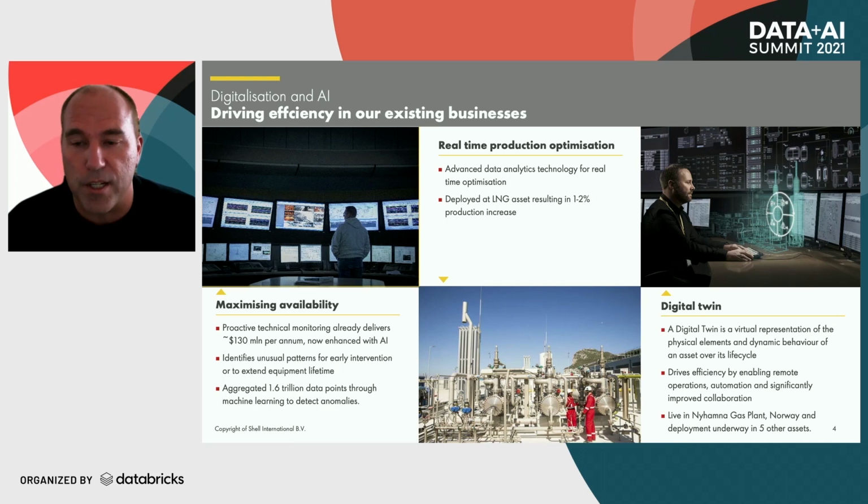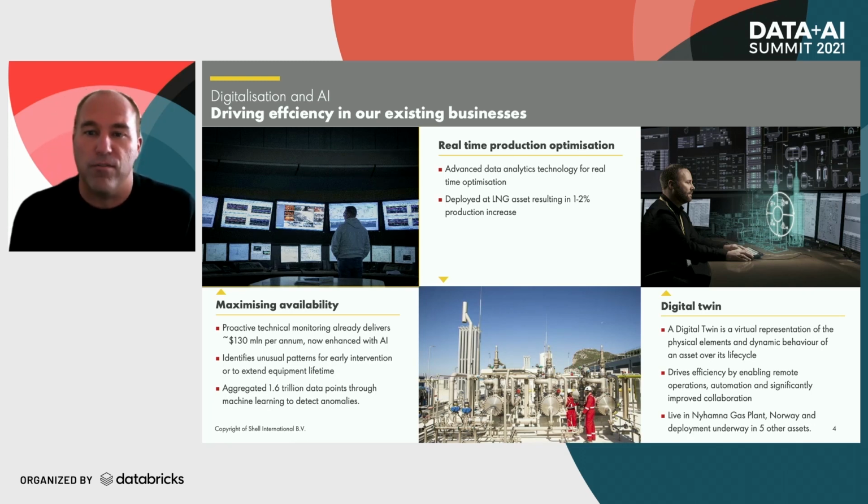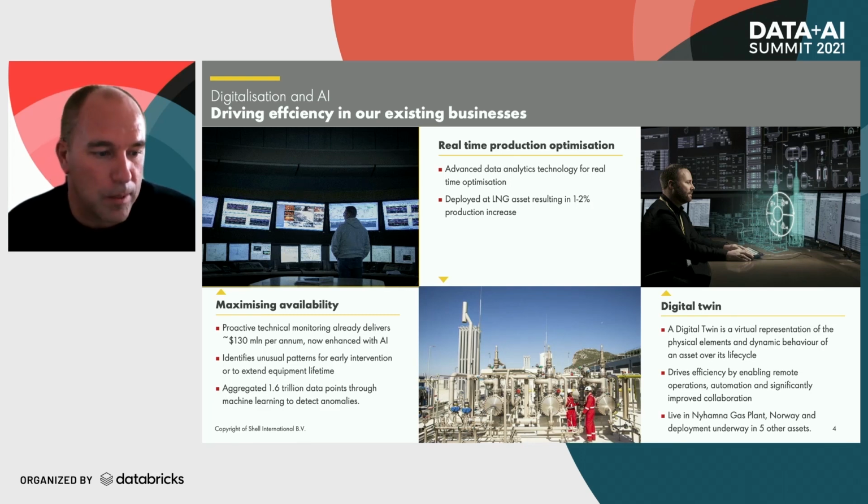Typically, we need to ingest video footage, audio footage, drawings, anything to make that virtual reality more meaningful and more a representation of real life. And we've rolled this out to one of our plants in Nyamna, and we've got 5 other assets that we're looking at deploying in 2021.